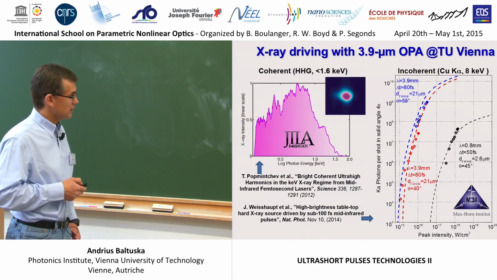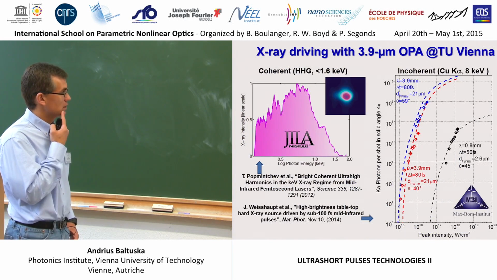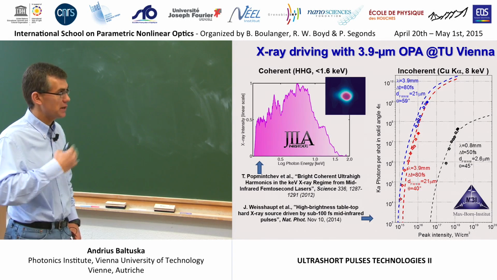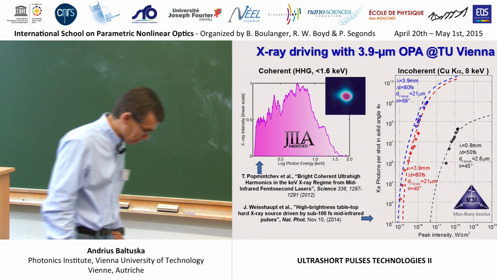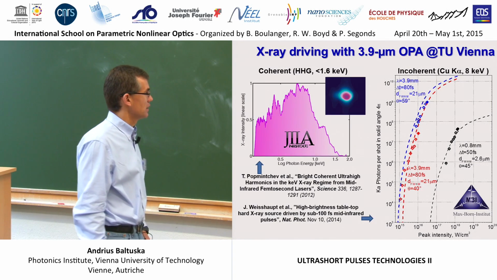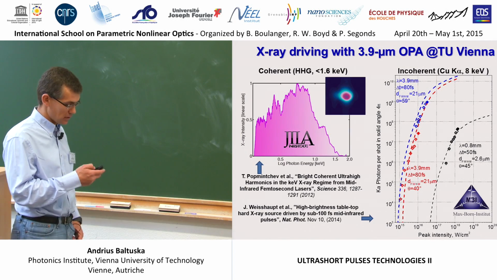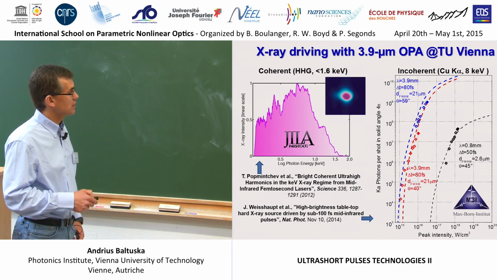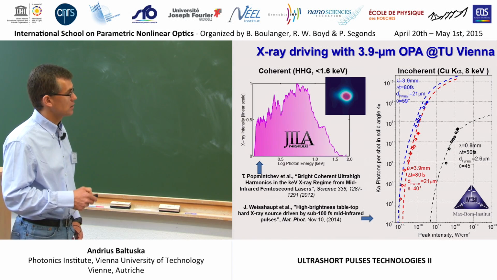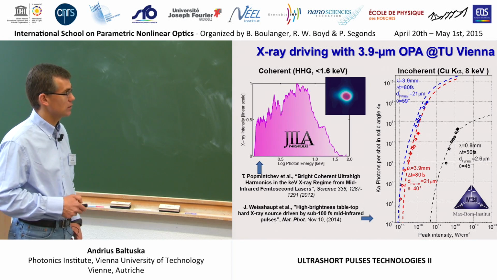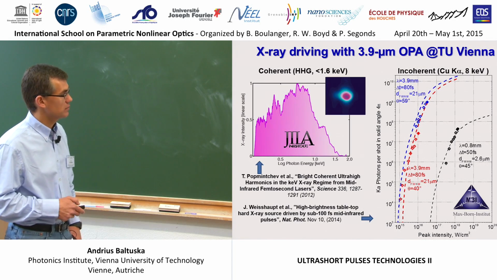Right, and just to highlight 2 very interesting applications where this wavelength scaling has proven itself useful. This is the generation of coherent X-rays that go all the way to the angstrom regime, so about 7 angstrom here at the cutoff. So that's what Paul Corkum has referred to.